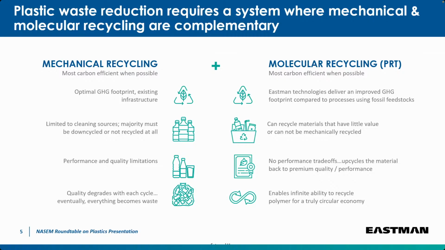Two processes for recycling, or let's say two groupings of technologies that are out there right now for recycling. One is what we're most familiar with, and that's mechanical recycling. Mechanical recycling is great because it has a lower greenhouse gas emission and lower energy associated with it, because what you do is you essentially take a collection of different products that are very similar to each other, like let's say a bale of clear soda bottles. You take those together, you chop them up, you wash them, and then you can remelt that plastic and make a new product out of it.